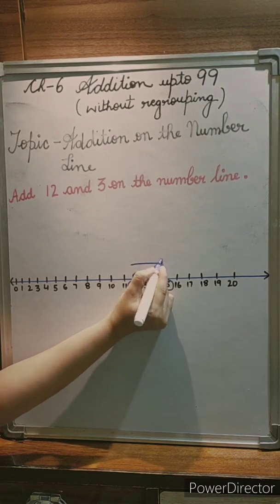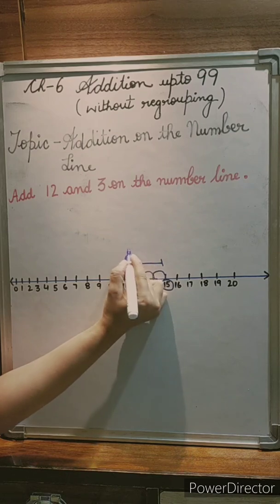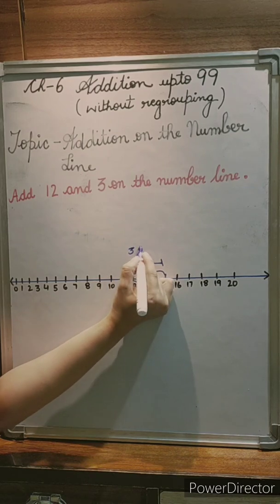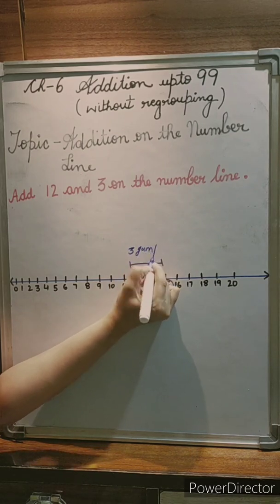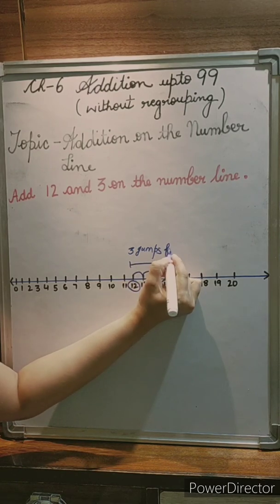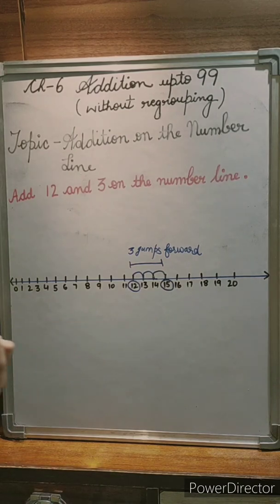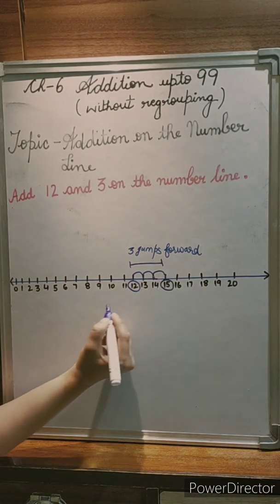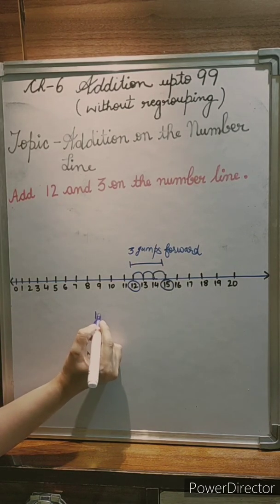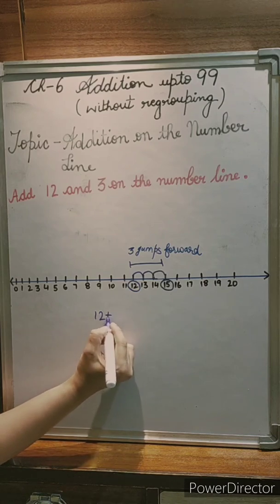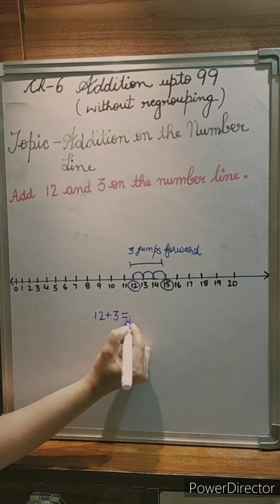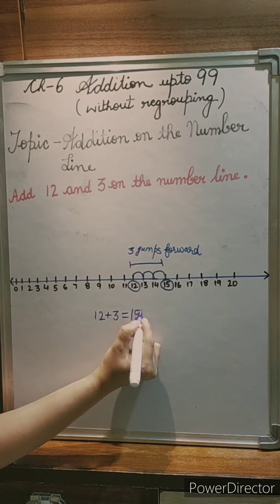How many steps have you taken? Yes, 3 jumps forward. And on which number did we land? We landed on 15. Thus, 12 plus 3 is equal to 15.